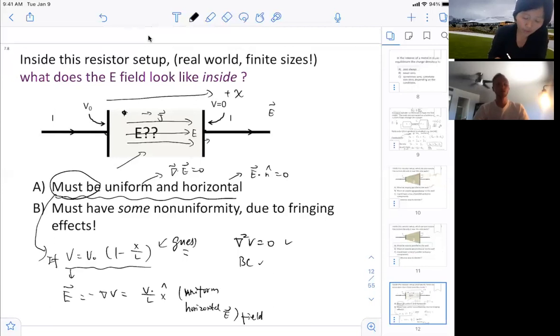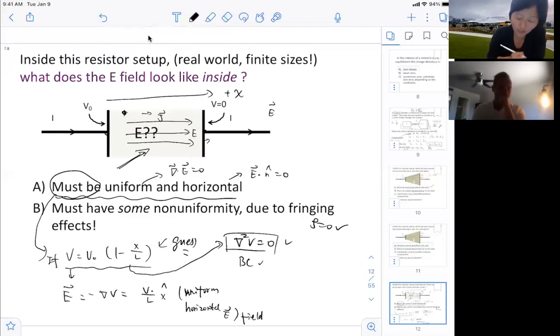Within the conducting material, within the metal, rho is 0 for steady current, so we do have the Laplace equation, and this solution satisfies it. It satisfies the boundary conditions because V at x equals 0 is V naught, and V at x equals L is 0.